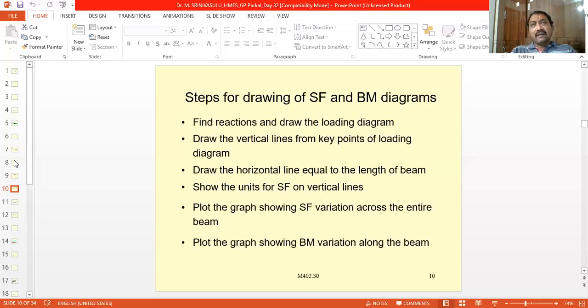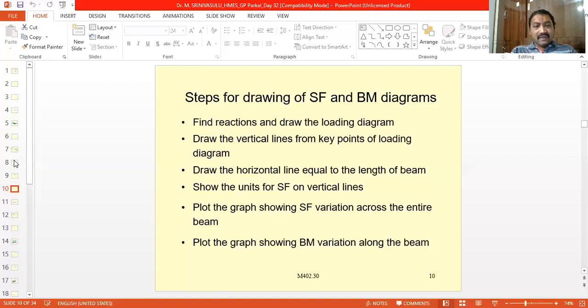So that is the first equation of equilibrium, and the support reactions can be found by using it.